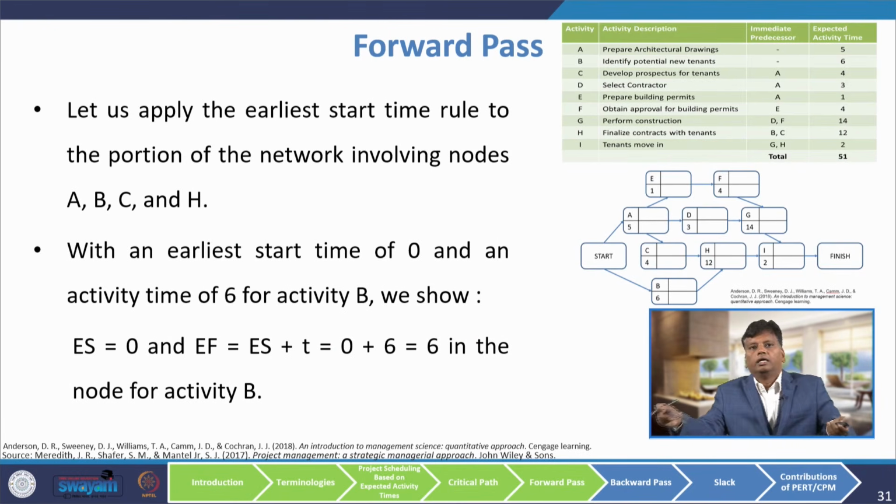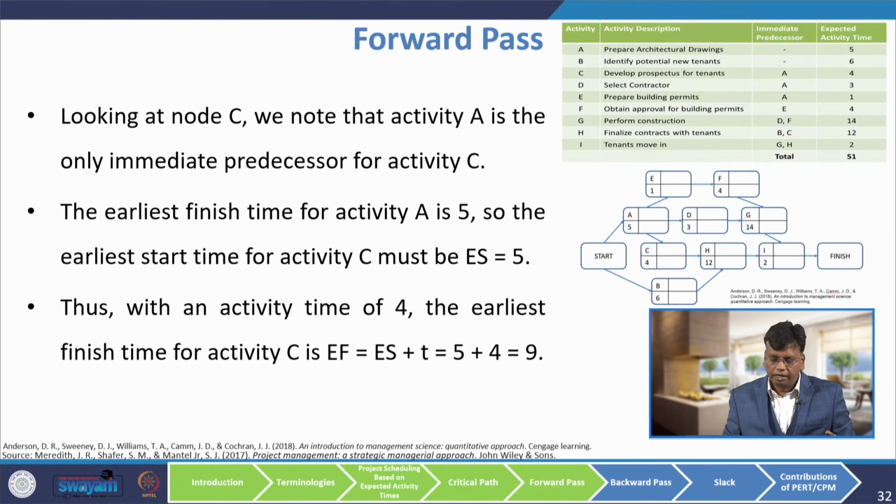Let us apply the earliest start time rule to the portion of the network involving nodes A, B, C, H. With the earliest start time of 0 and activity time of 6 for activity B, the earliest starting time is 0, so the finishing time will be 6 for activity B. Looking at node C, we note that activity A is the only immediate predecessor of activity C. The earliest finishing time of activity A is 5.